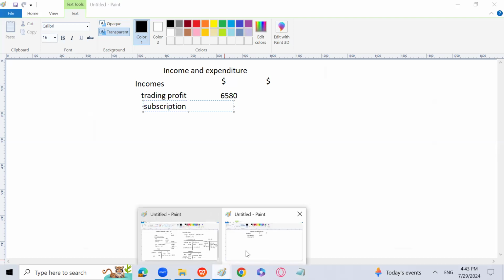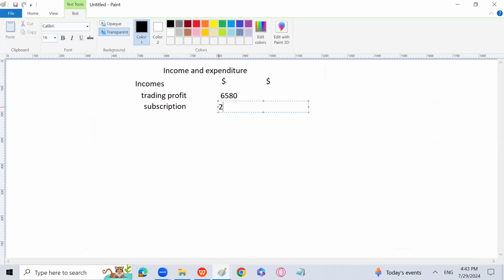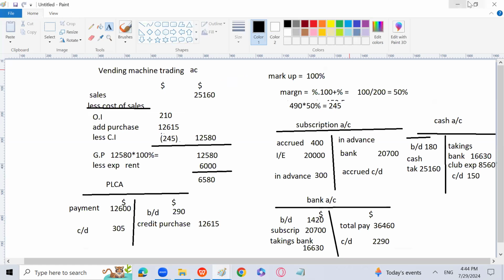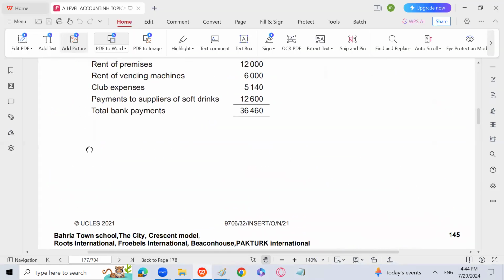That is going to be 20,000, because we will not take the subscription received actually, we will take the subscription income. So trading profit and subscription income we have written. Any other income which is available to us? Let me check it out.